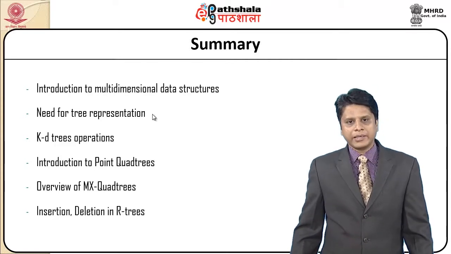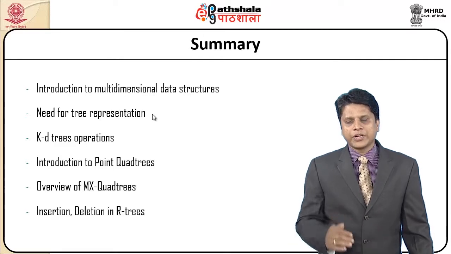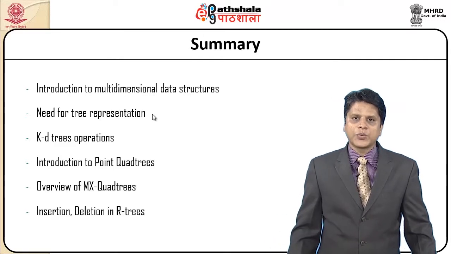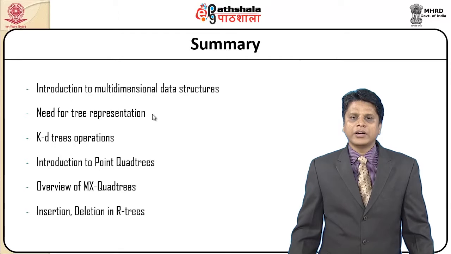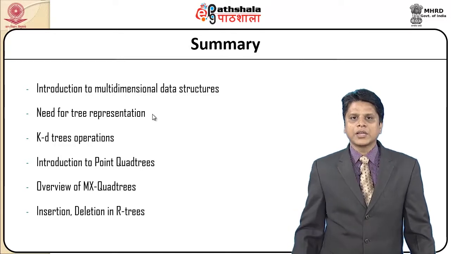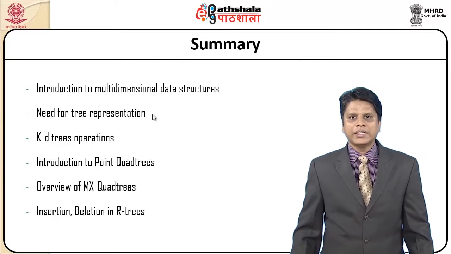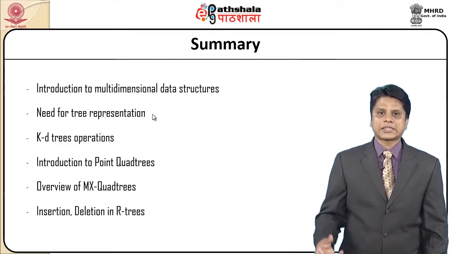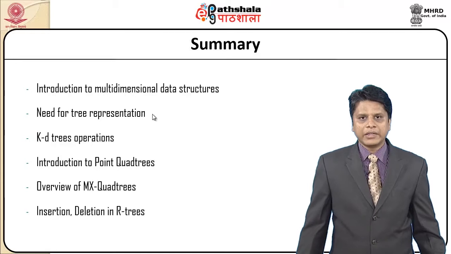It was all binary. Then we shifted ourselves to point quadtrees, where instead of dividing the entire region into left and right links, how can we improve on the time constraint or the access to the storage.